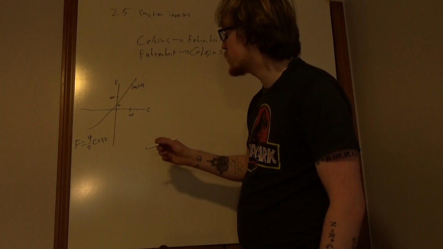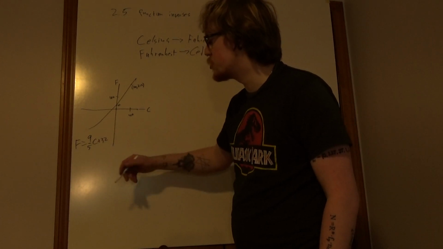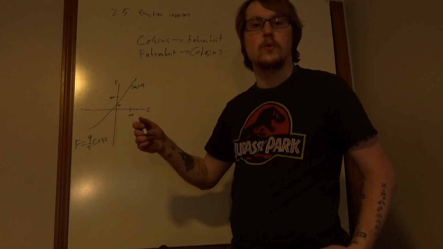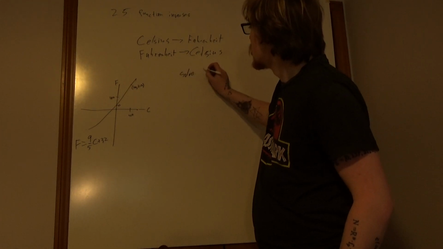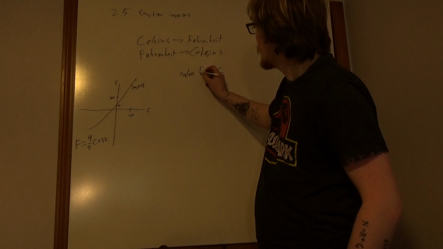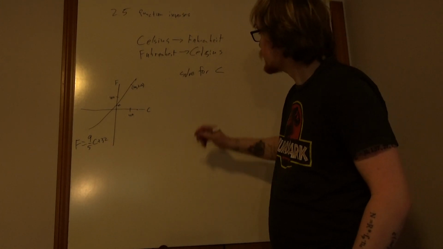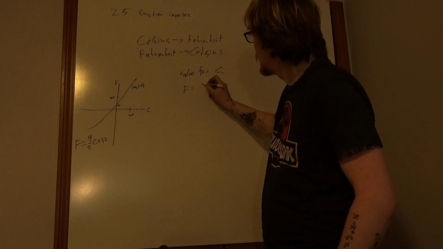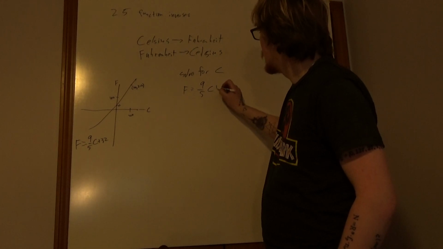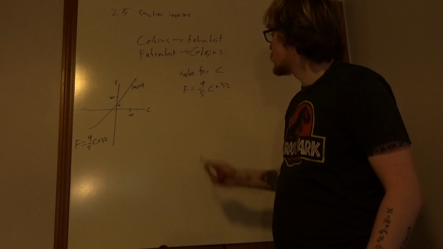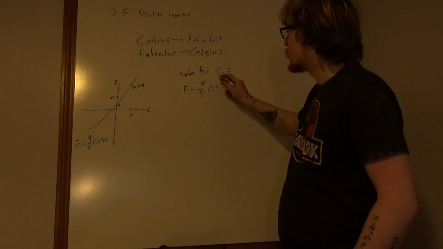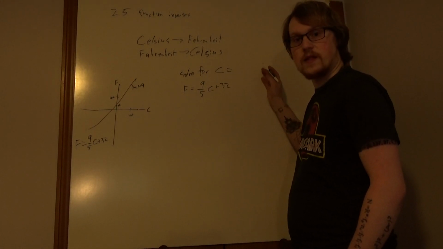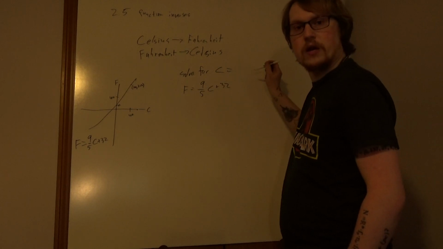The way we would do this is, effectively, we want to change which one is the input and which one is the output. And to do that, we can essentially solve for C in this equation. When we do that, we can see that to solve for C, we're going to end up with some equation where C equals something else, and that something else is going to have F buried in it somewhere.